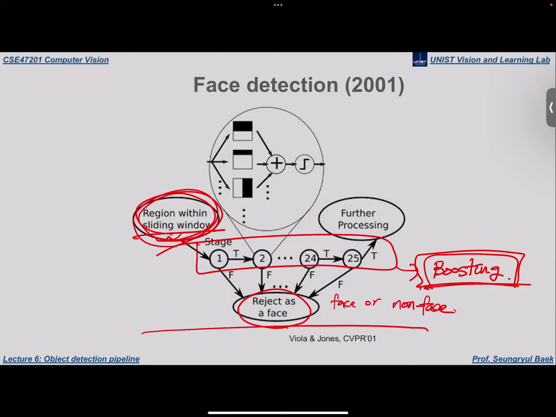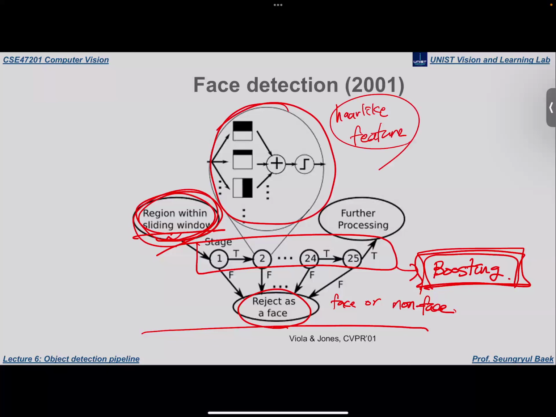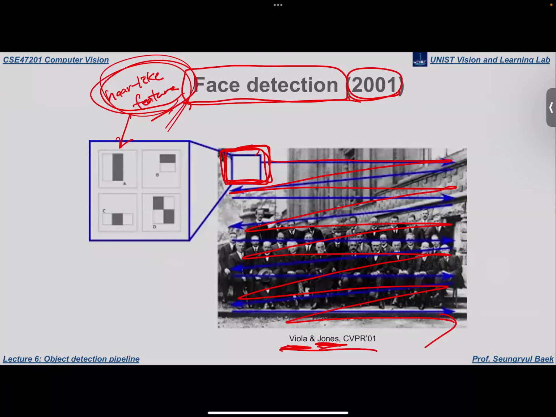Boosting is a classifier that is efficient for binary classification. And this denotes the Haar-like feature. So we first extract the region inside the sliding window, extract the Haar-like feature on that, and apply the boosting algorithm to classify it as face or non-face. Also, they applied only rectangular bounding boxes because a face is normally inside a rectangle, a square.